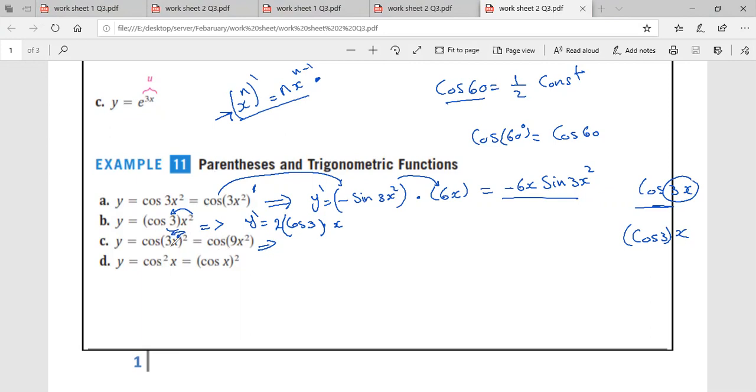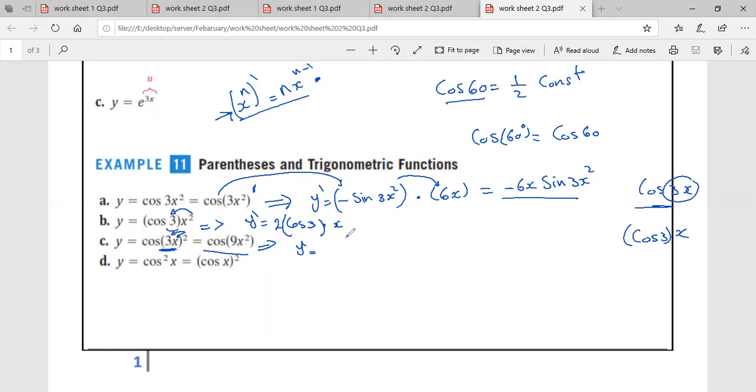Here the brackets, what is between this bracket? The angle, which is raised to power 2. I have to expand this bracket, or distribute the outer exponent on the inner exponent, and write the function in this way. Okay, what is the derivative?